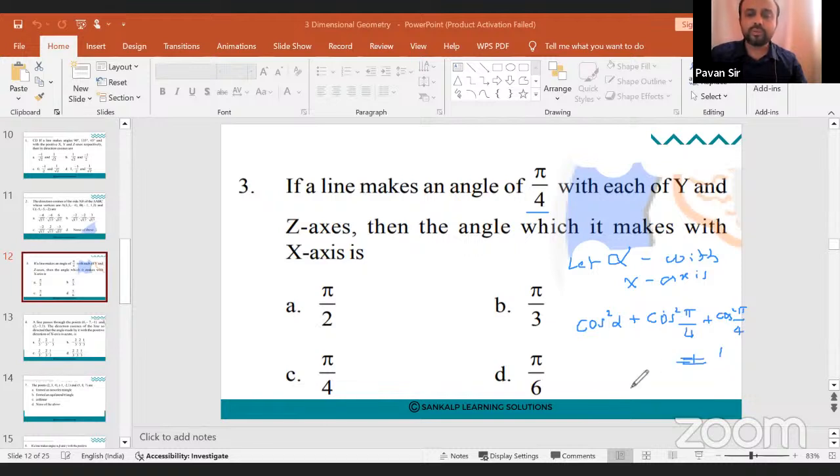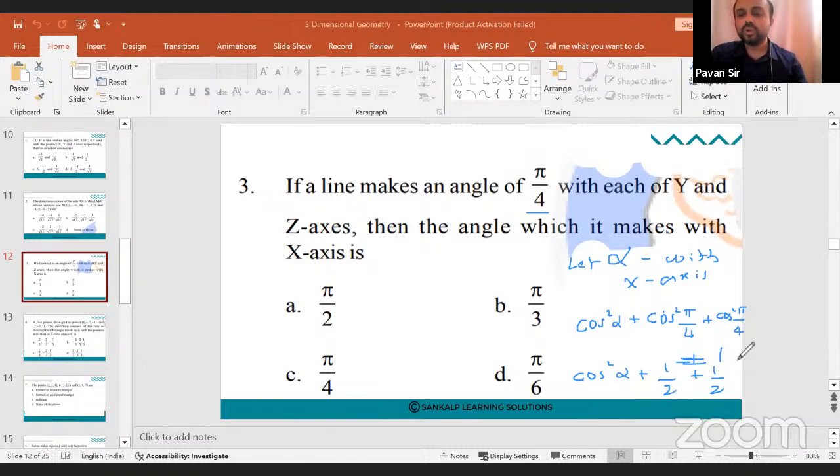Which is equal to 1. Now what is cos square alpha? Alpha you treat as what? Pi by 2. Okay, so try to solve now. Cos square alpha plus what is cos square pi by 4? It is half plus half. Why? Because cos pi by 4, that is 45 degrees, is 1 by root 2. 1 by root 2 the square means it is 1 by 2.